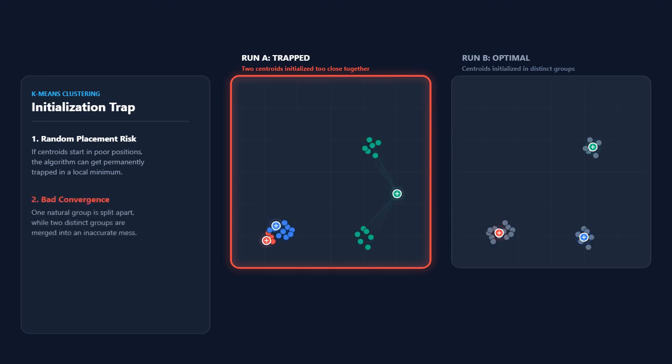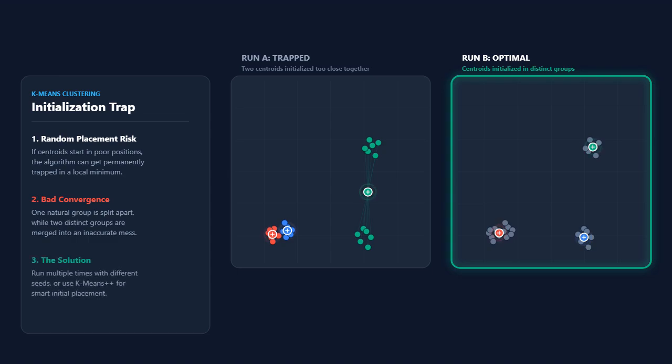Because the starting positions were so bad, the algorithm will get trapped. It will converge, but it will converge on the wrong answer. It might split one natural group into 2 artificial pieces and merge 2 distinct groups into a giant, inaccurate mess. If you run the exact same data through k-means multiple times, you might get completely different, incorrect clusters simply because of where the centroids randomly landed on the first step.